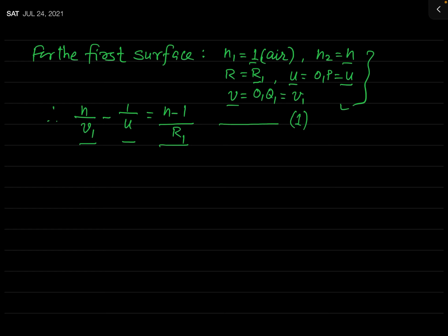Now we will apply the same Gaussian formula for the refraction at the second surface, and I am just marking the second surface here. You can see this figure. This is your Q1, which is the image for the first surface but the object for the second surface, and this is Q, and this point is O2, and we have assumed that O2Q2 is v.